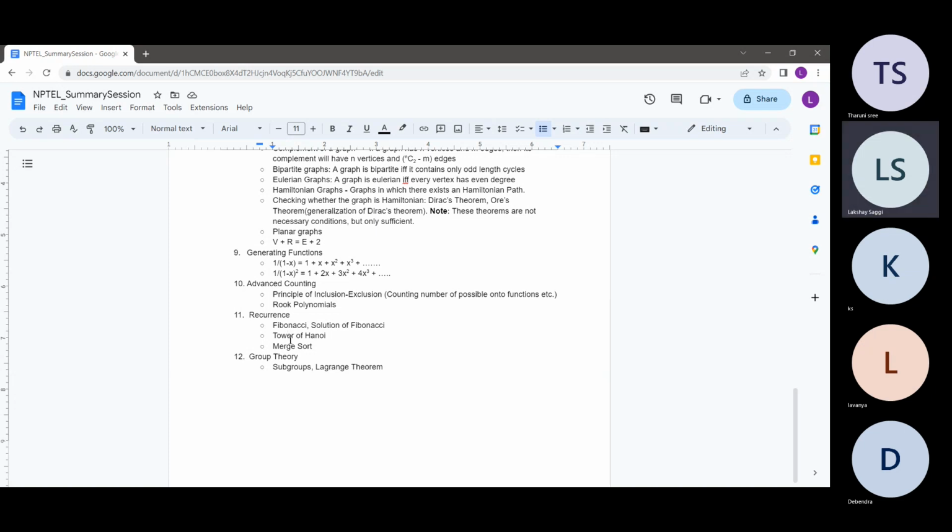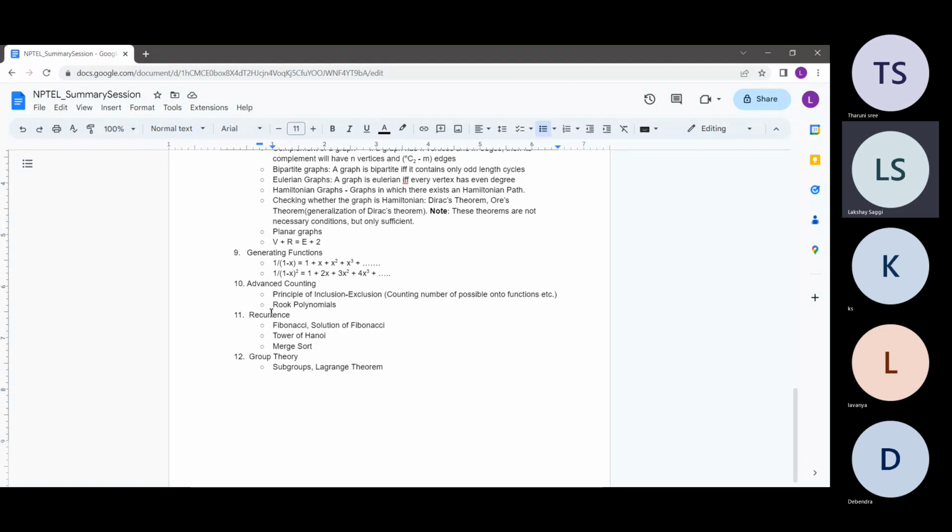It's just the Tower of Hanoi problem. We obtained a recursion for this: T of n equals 2 times T of n minus 1 plus 1 or something along those lines. From that we obtained an exponential solution, so it will be solved in an exponential number of steps.